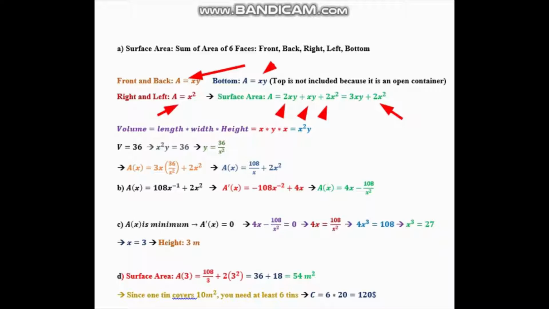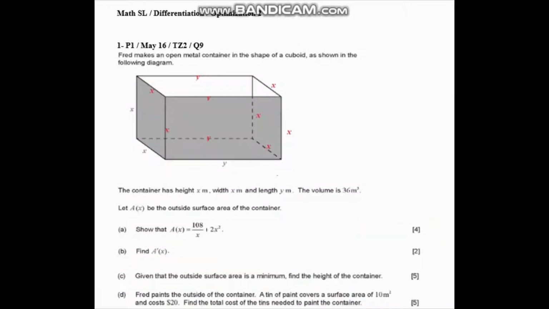Now let's check what we know about the volume. We are given that the volume is 36 meters cubed and the volume of a cuboid is given by width times length times height. So x times y times the height, which is also x, so x squared y equals 36 because this is the given volume.